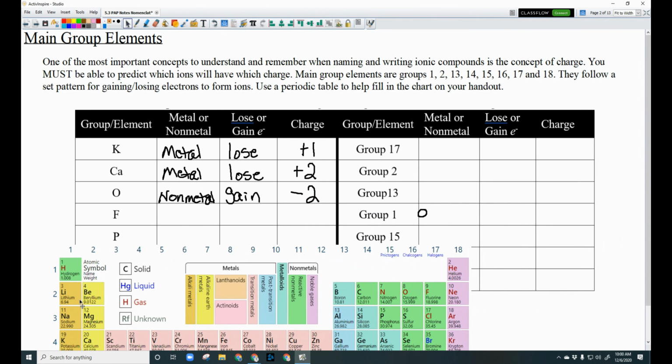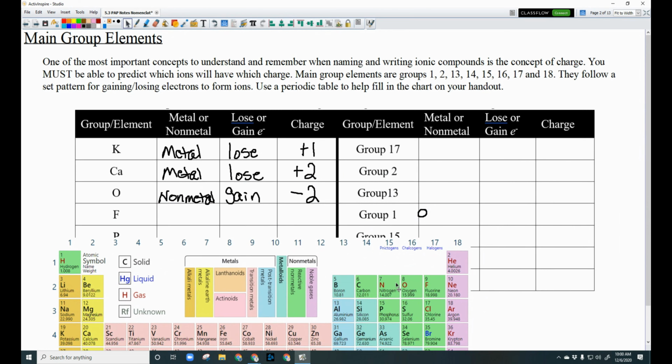So fluorine, okay, fluorine now is right here. It's got 7 valence electrons. It's a nonmetal. So it's going to gain valence electrons. It's got 7, it wants 8, so it's going to gain 1. So it's going to have a -1 charge. Right?